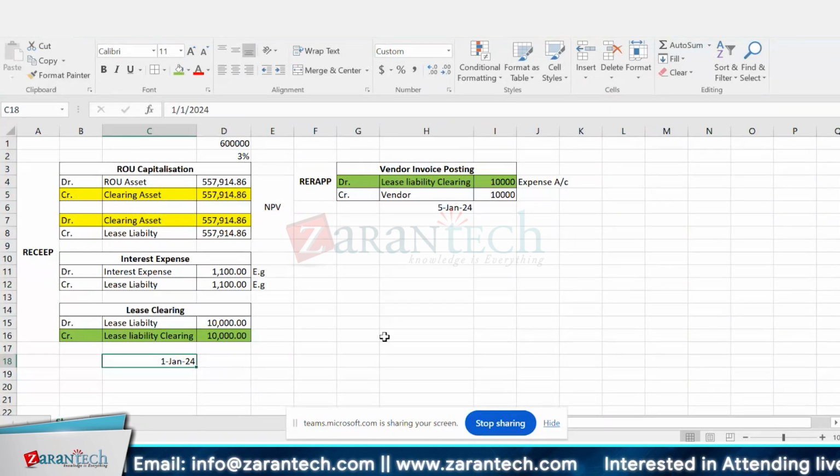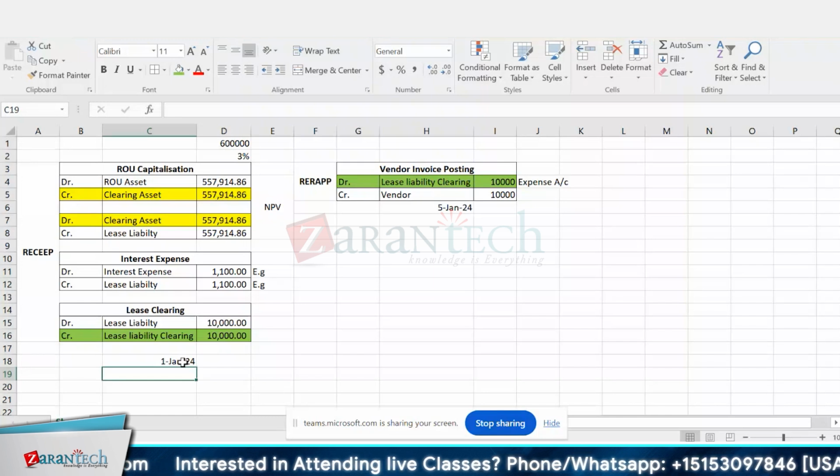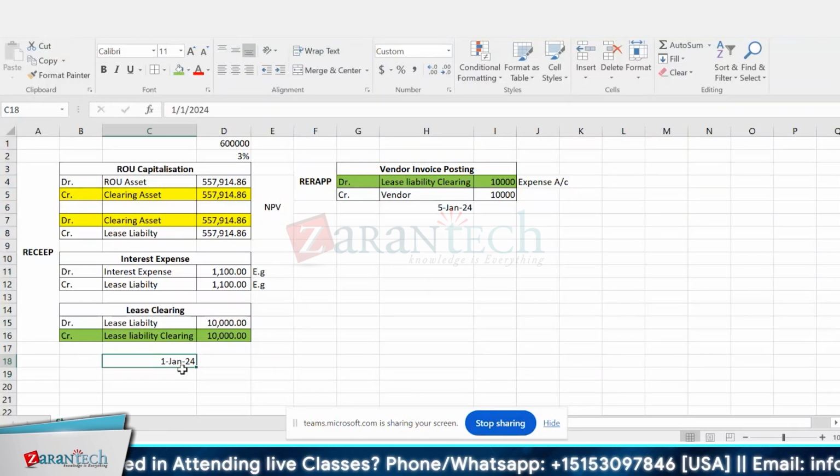They calculate the due dates. So if I would have posted my vendor invoice on 1st of Jan itself, and payment terms say due within 30 days, it would have become due on 1st of Feb, or 31st of Jan, correct?